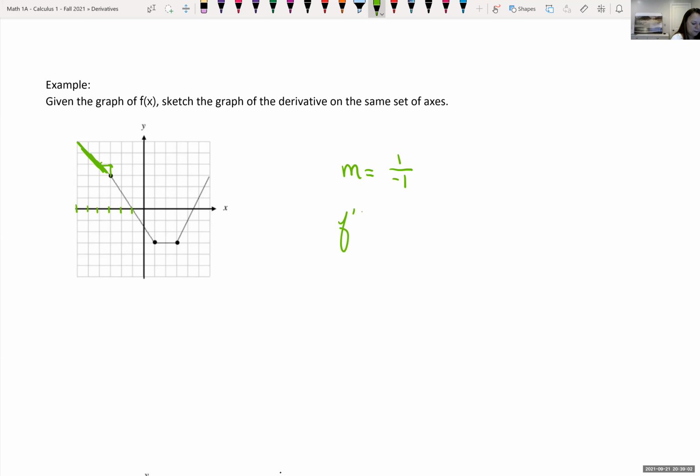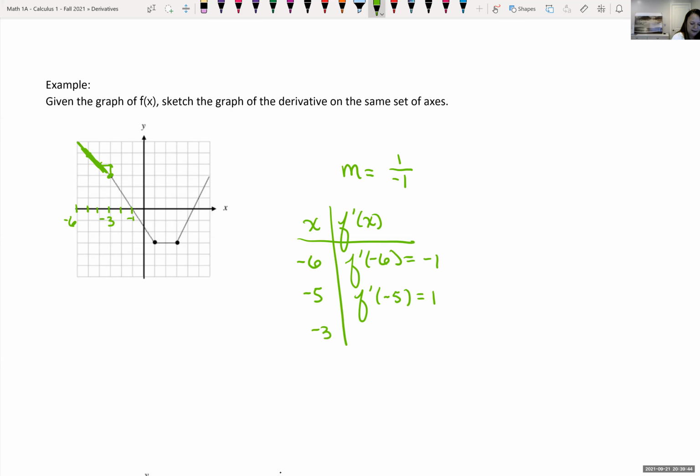So on f prime of x, we have some points here. When x is -6, f prime of -6 is equal to -1, because that's the slope at that value. At x equals -5, the slope is still -1. That's all the way until I get to this point here at -3.